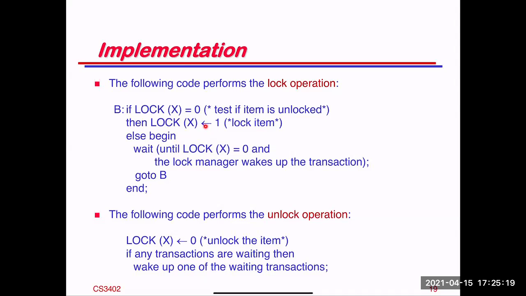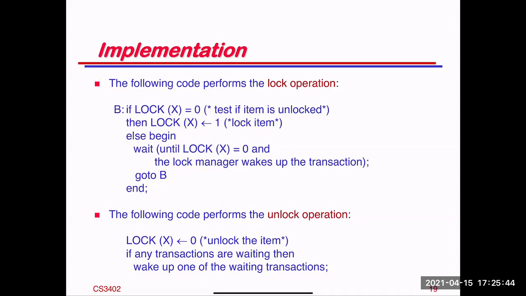That's what this left arrow here means. It's an assignment. Otherwise, we need to wait until this lock of X is equal to 0, and then the lock manager will wake up the transaction that is waiting. And afterwards, we jump up here to this label B and then try again.